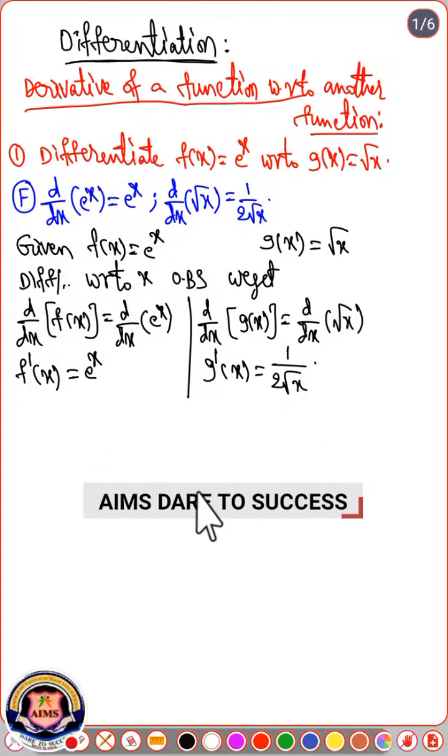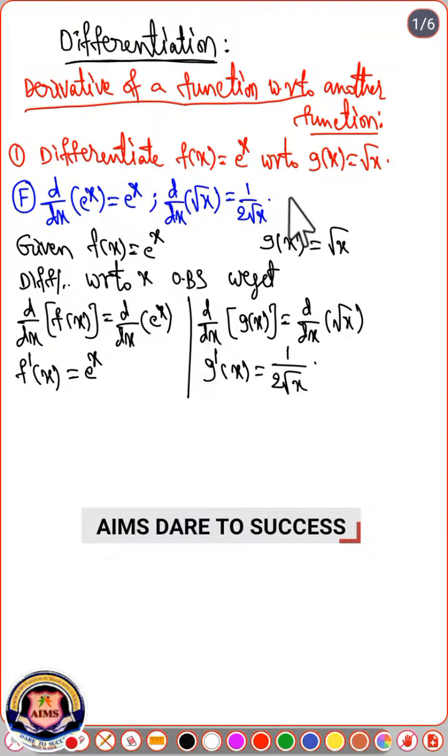Okay, one function with respect to another function means, my dears, like this: first function's derivative value divided by second function's derivative value. So f dash of x by g dash of x. f dash of x value e power x divided by g dash of x value 1 divided by 2 root x.